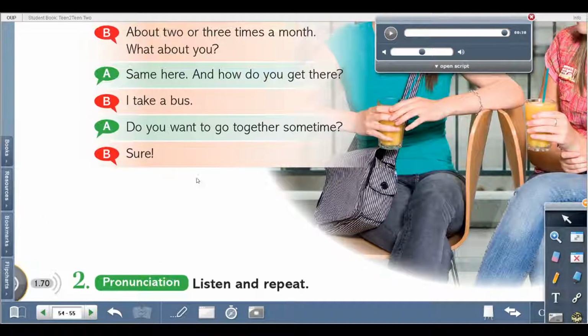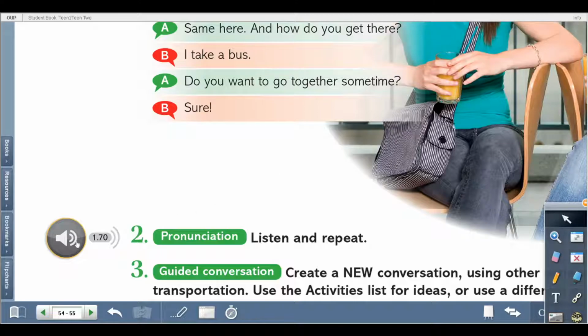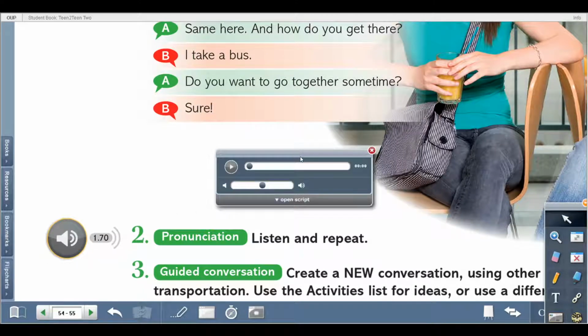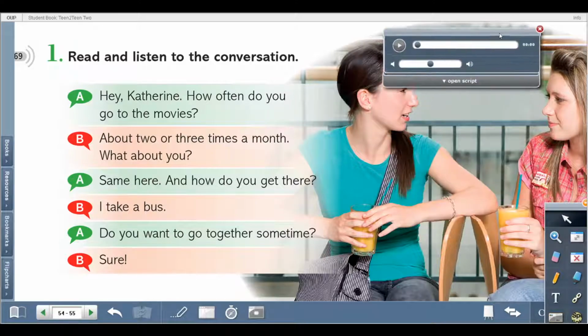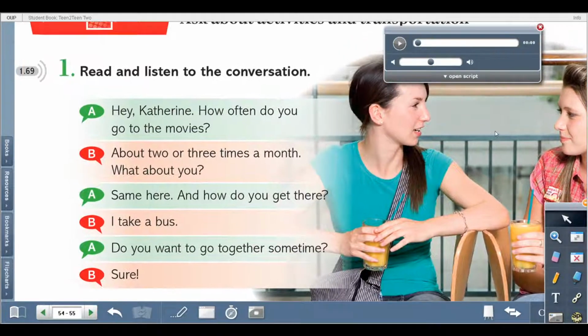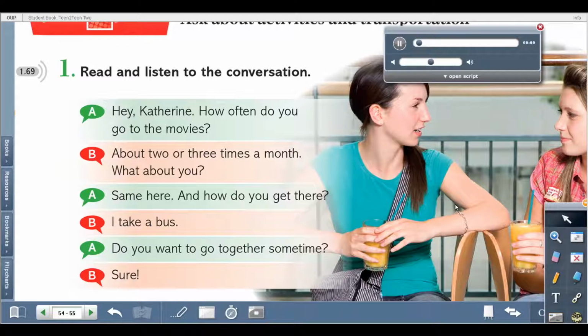Now this section, sorry for this. Yes. Unit 7, page 55, Teen to Teen. Exercise 2. Listen and repeat. Don't forget.